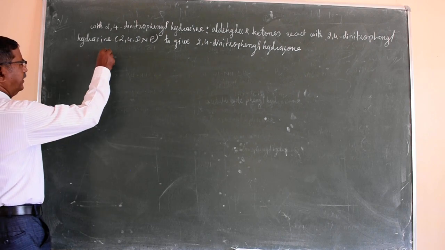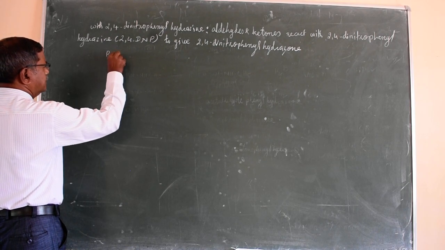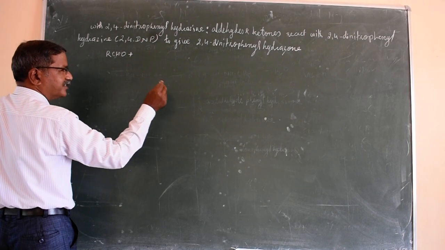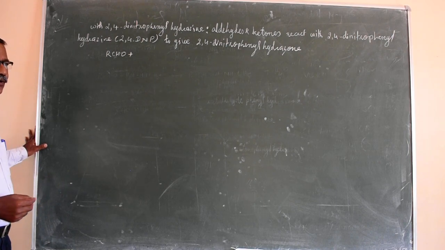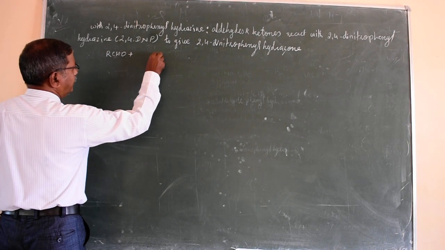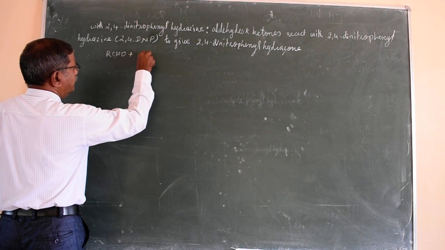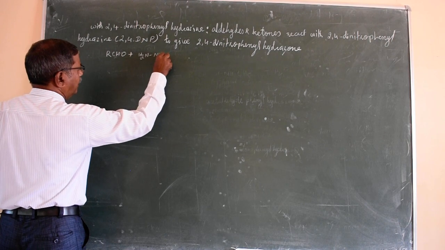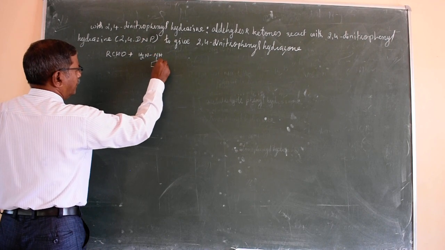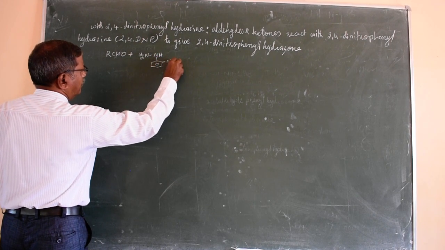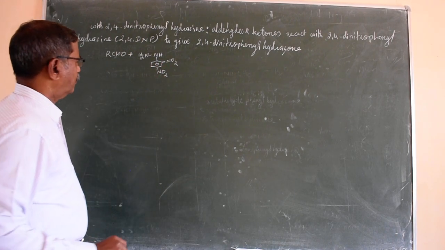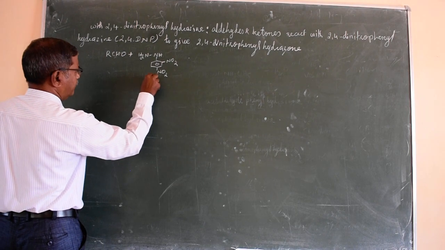Well, I am writing the formula for aldehyde RCHO. For 2,4-DNP, we cannot write a condensed formula because you have to show the NO2 groups on the second and fourth carbon of the benzene ring. So you have to write the complete expanded formula, NH2NH, then the benzene ring, with NO2 groups on the second and fourth carbon atoms of the benzene ring. That is 2,4-DNP.